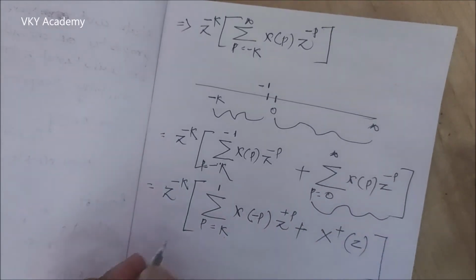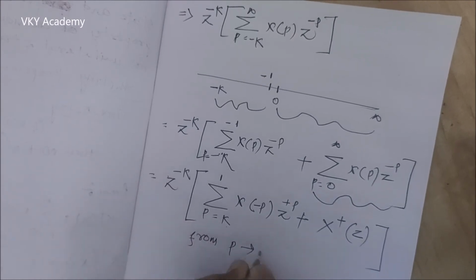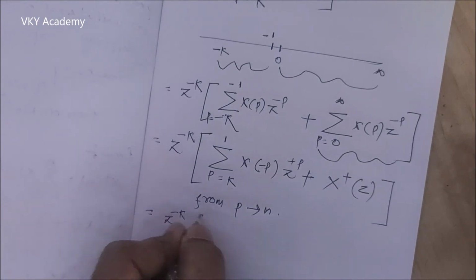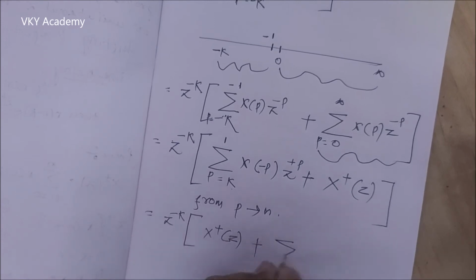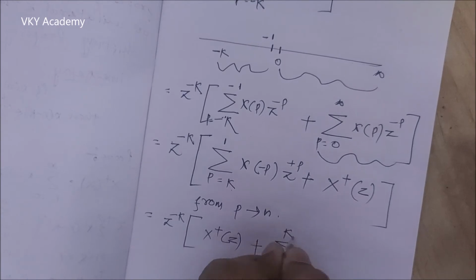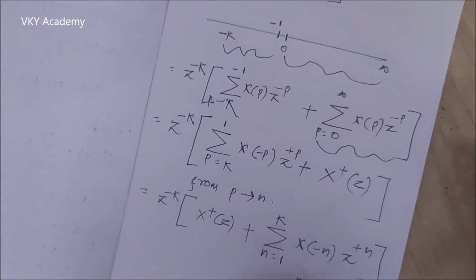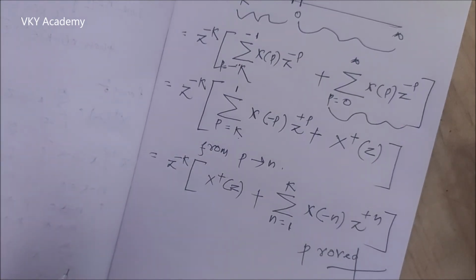Now changing the variable from p to n, the above equation can be written as z to the power minus k whole into X plus z plus summation n equal to 1 to k x of minus n z to the power plus n. So this is the proof for the time delay property of the one-sided or unilateral Z transform.